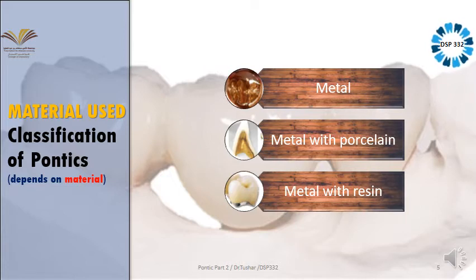Second, it doesn't have as much strength as compared to porcelain. Then the resin wears easily in the long run. Because of this, nowadays we are not using metal with resin, but this classification exists, which is based on the material used to fabricate the pontic.